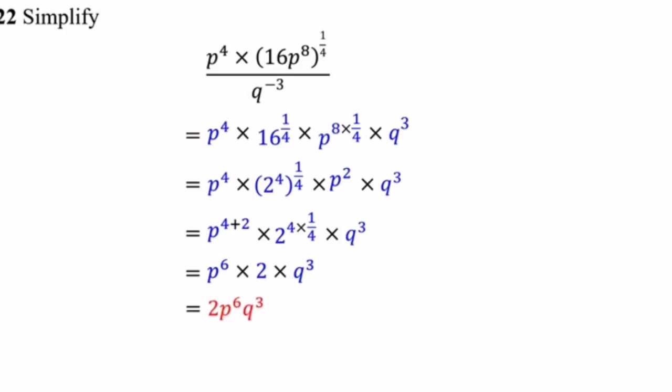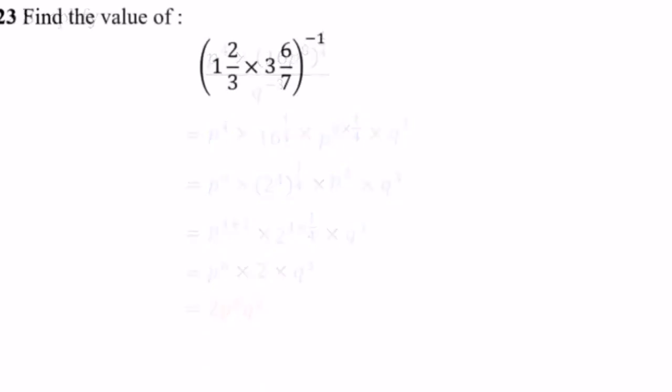So we have solved the indices. We have simplified the indices to the simplest form. So the next question that I will discuss is also indices. Let's do it together.